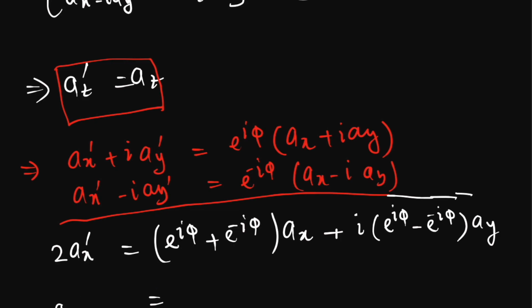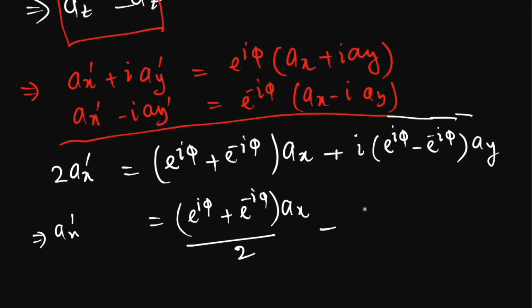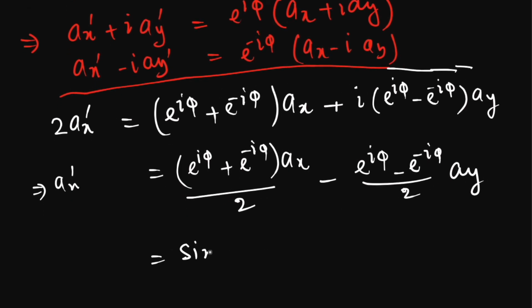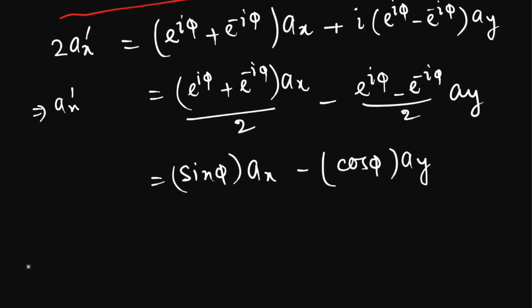That means ax prime equal to e to the power i phi plus e to the power minus i phi over 2 into ax, minus e to the power i phi minus e to the power minus i phi over 2 into ay. That is nothing but cos phi into ax minus sin phi into ay.